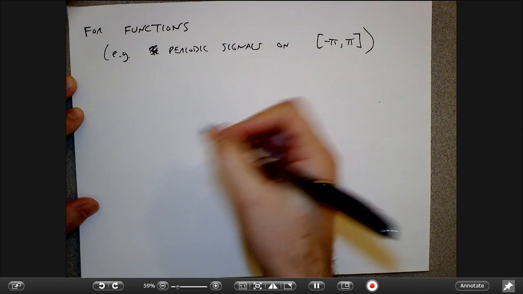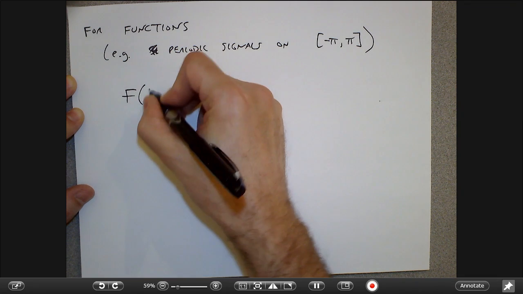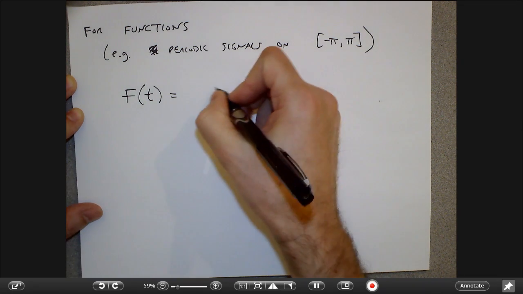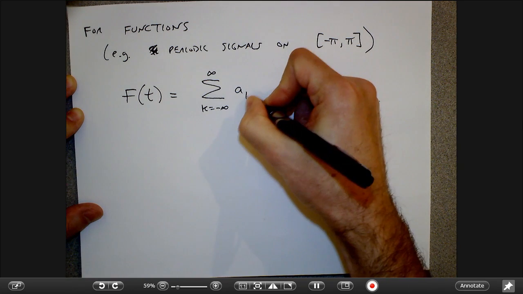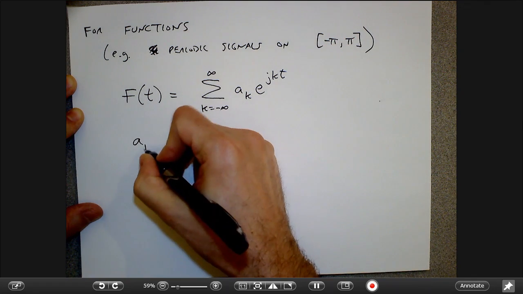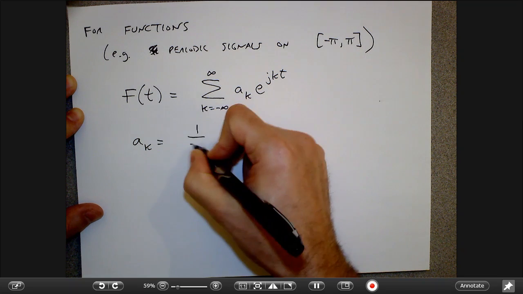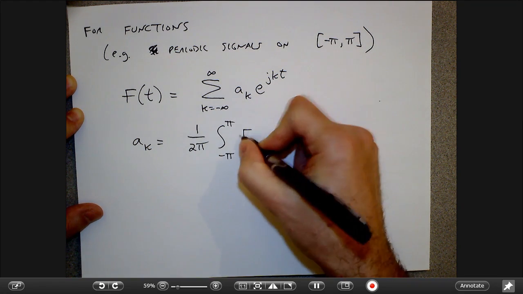In that case, what we found out from the very first lecture was that if I took that function, I could write it as a Fourier series. And these Fourier series coefficients were gotten by the inverse formula.